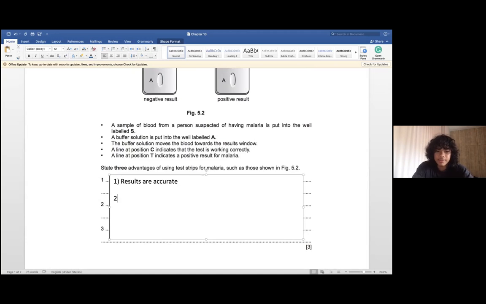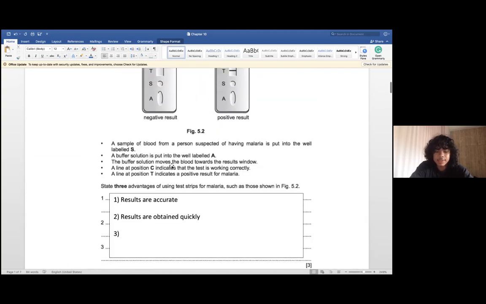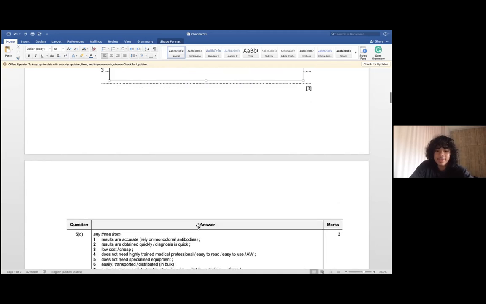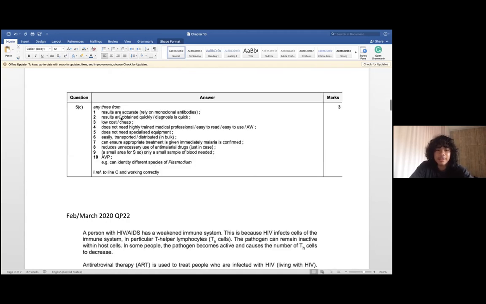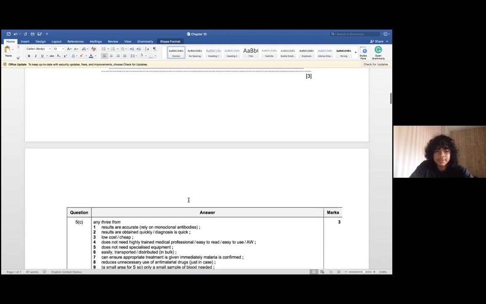Number 2, results are obtained quickly. And the third one, you can say it is cheap. So the mark scheme gives 10, but over here you can just choose 3 because it is worth 3 marks.